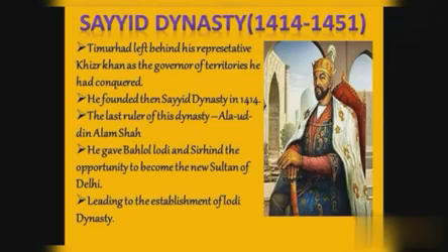The last ruler of this dynasty was Alauddin Alam Shah, and he abdicated the throne in 1451. This gave Bahlul Lodi, then the governor of Sirhind, the opportunity to become the new Sultan of Delhi, leading to the establishment of the Lodi dynasty.